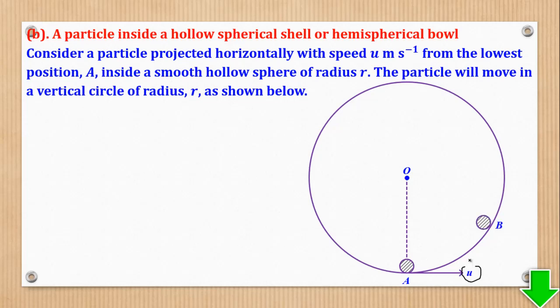It will move, let's say, to point B. It has this velocity v, and the height from the lowest position is h. The weight of the particle will be mg, and the normal reaction will be R, but that reaction is towards the center.